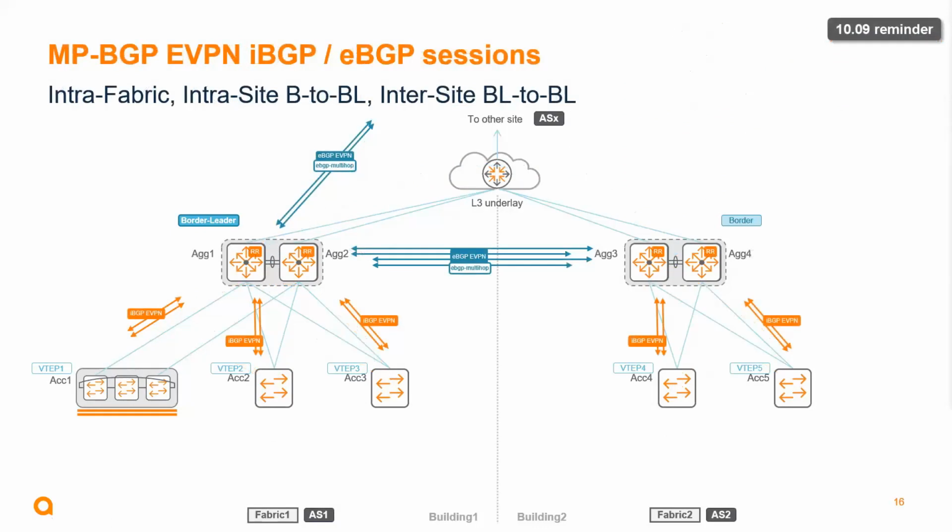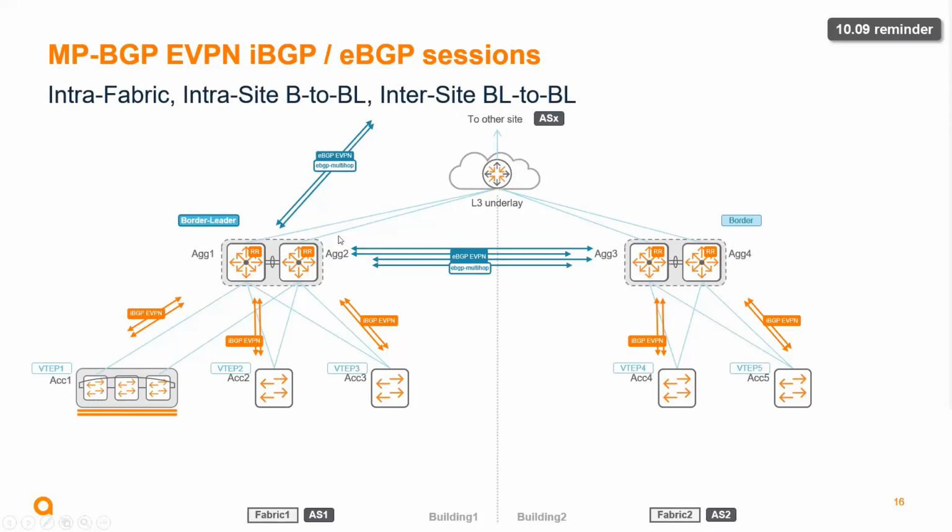What happens for the BGP sessions and typically the control plane to exchange those EVPN routes? Nothing really changes inside the fabric. Those access VTEPs have an internal BGP session for the EVPN address family to the loopbacks of aggregation 1 and aggregation 2, both being route-reflectors. So each access VTEP pair has BGP sessions to those two route-reflectors.